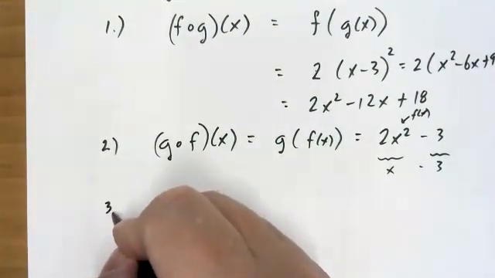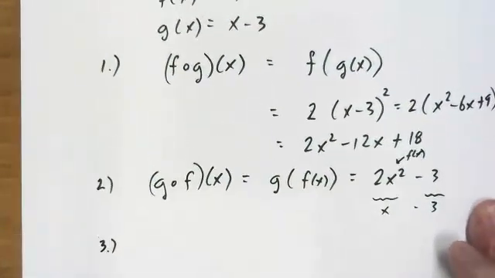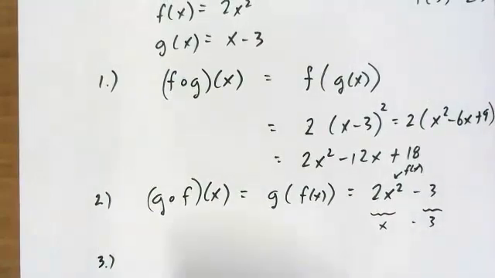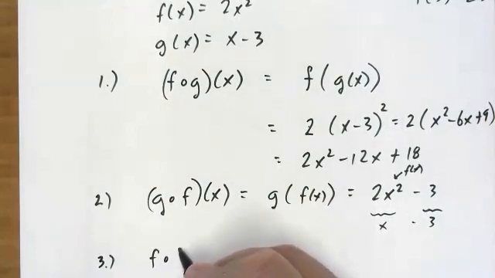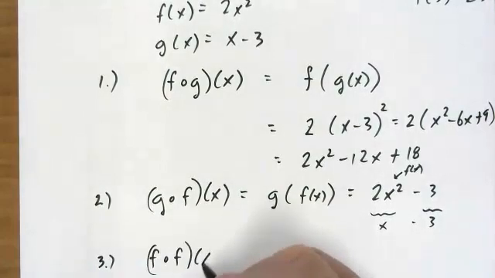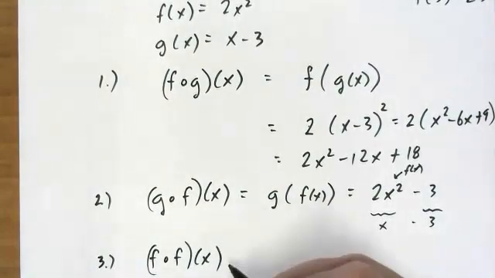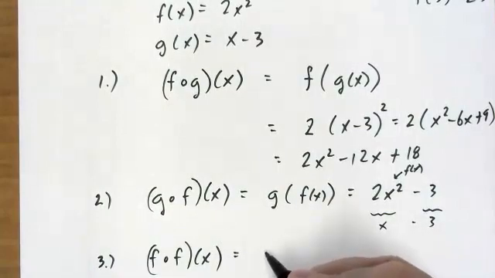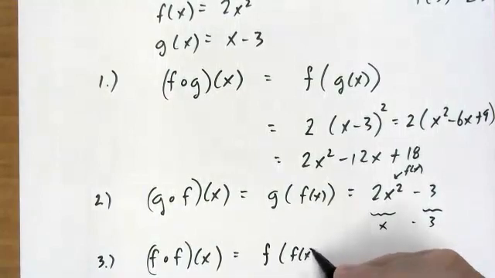And then just for fun, they'll do things like this. They'll say, how about f composite f of x? So once again, I always rewrite it. What I'm going to do is take the f function and then replace x with the f function again.